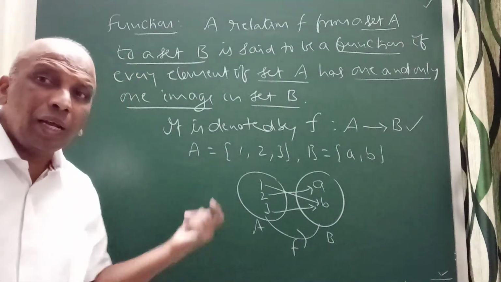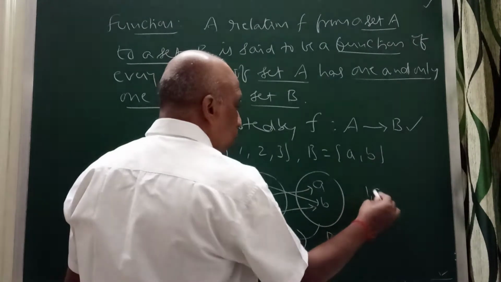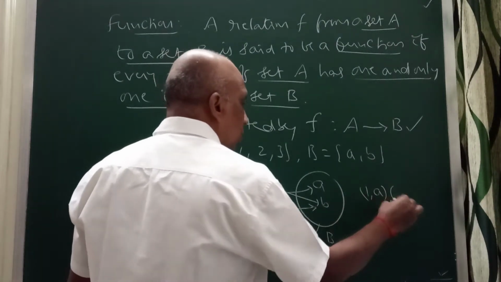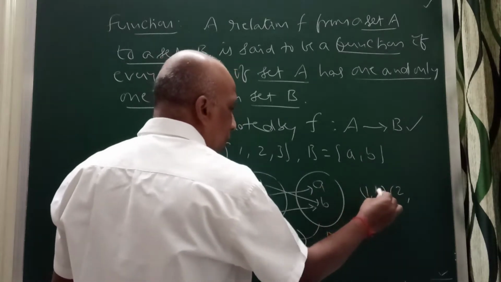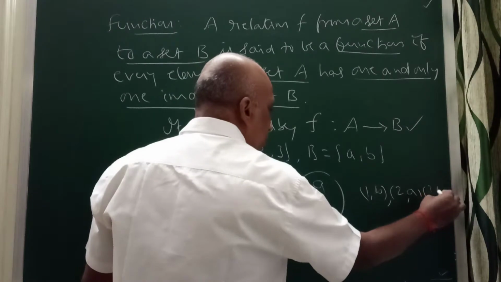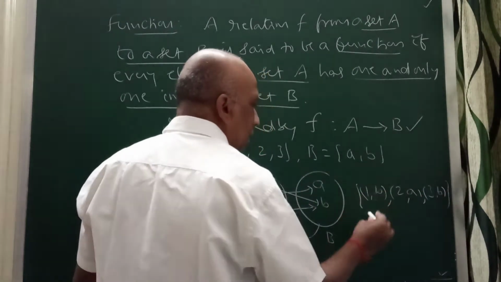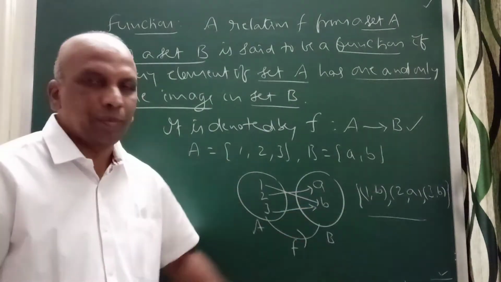First, is it a relation? Yes, it is a relation because you will get the ordered pairs 1b, 2a and 3b. So it is a subset of A cross B.